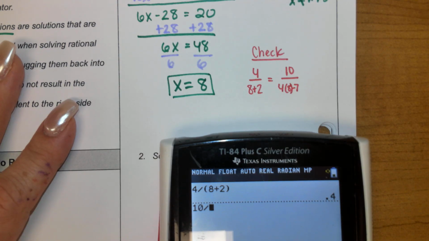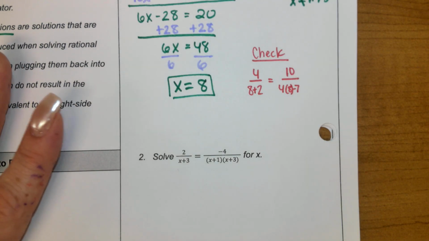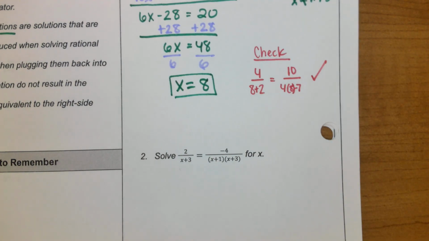And if I do 10 divided by 4 times 8 minus 7, I also get 0.4. We checked our work. We know it's correct.